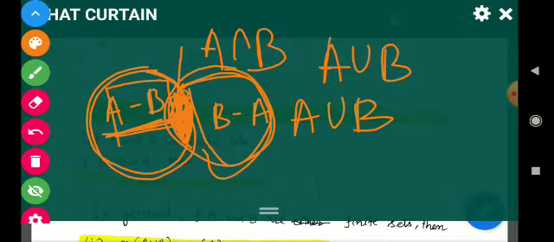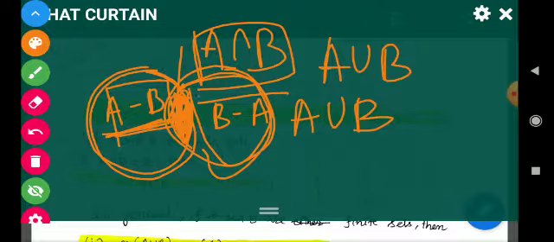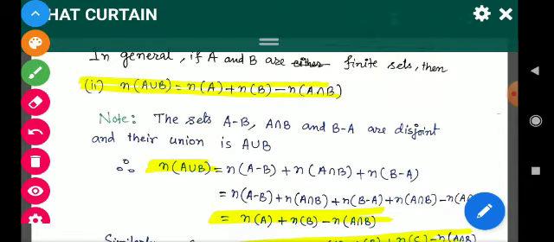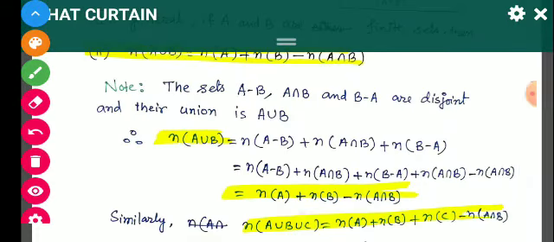A minus B, A intersection B, and B minus A. The same thing is shown here clearly, and we get the formula that the number of elements of A union B will be the number of elements of A difference B, plus the number of elements of A intersection B, plus the number of elements of B difference A.